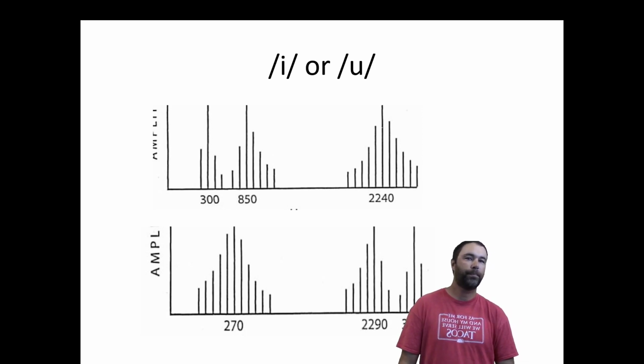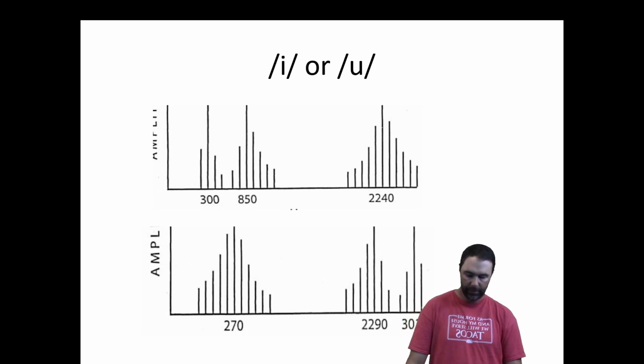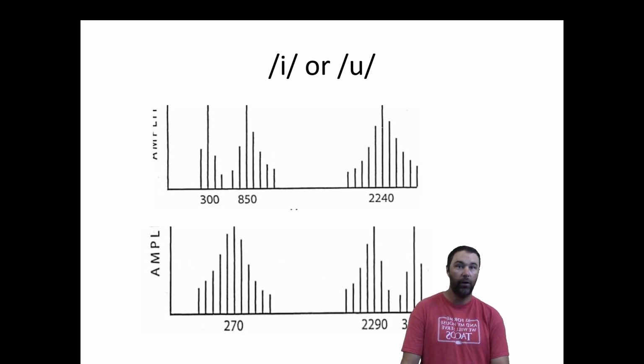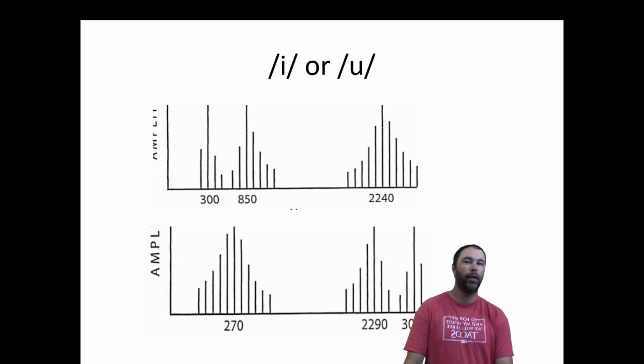Which one's going to have a bigger oral cavity? The top one has a bigger oral cavity. How do I know that? Because 850 is a far lower number than 2,290. That's enough for us to answer this question right now, if this is E or oo.